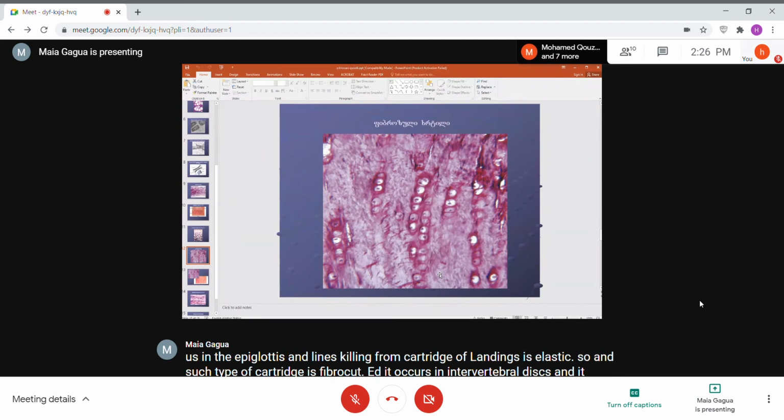It is a combination of hyaline cartilage and dense connective tissue. That's why it contains type 1 collagen fibers as well as chondrocytes. You can see here chondrocytes, and they are axially aligned. It is also a characteristic feature of this cartilage, and it helps you to differentiate fibrocartilage.